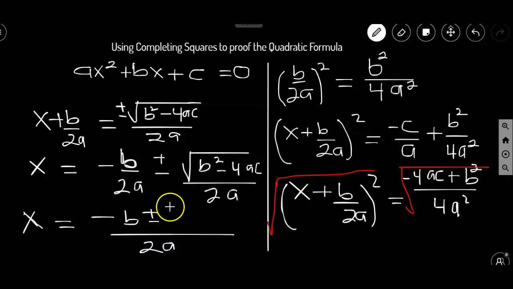Then we write this b squared minus 4ac, and we are done. So we were able to use completing the square to derive the quadratic formula. So the quadratic formula came out of completing the square.